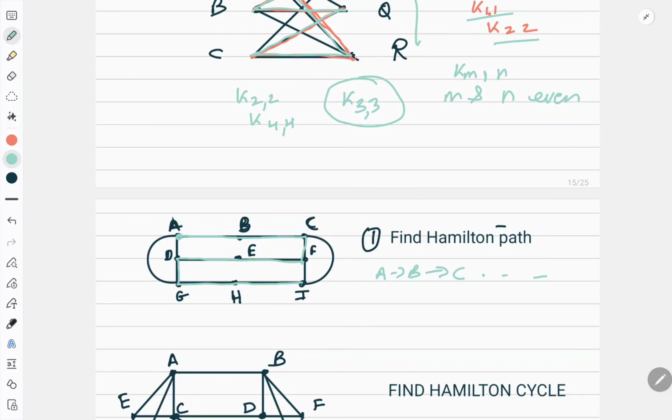Now it is very clear, the way I have drawn, I cannot have the Hamiltonian cycle here, because from I I cannot go back to A. If I go this side, I will again trace F, which is not allowed. If I go here again, I will trace this, which is not allowed. So it does not have a Hamiltonian cycle.